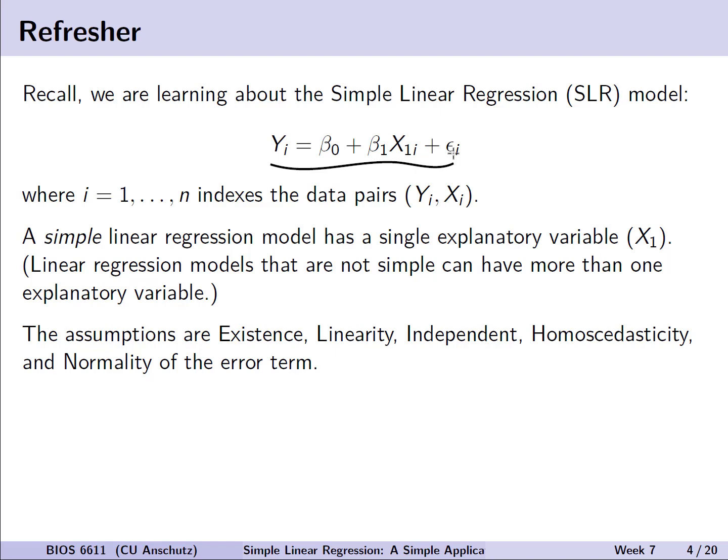This simple linear regression model only has a single explanatory variable x1. Now, we will discuss models that aren't simple and have more explanatory variables in the near future. Now, the assumptions we have for this are the existence, linearity, independence, homoscedasticity of our variances, and normality of the error term.